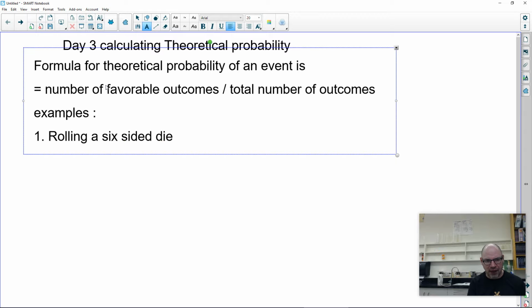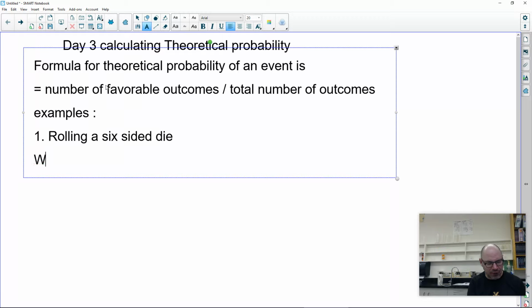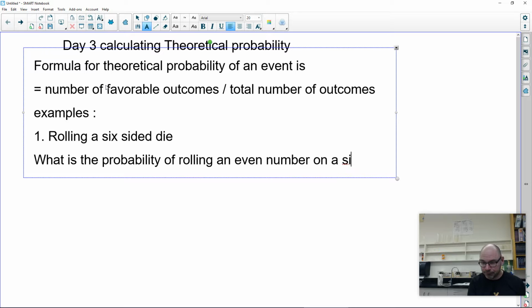Okay. So I might ask, what is the probability of rolling a number, or let's say an even number, on a 6-sided die?